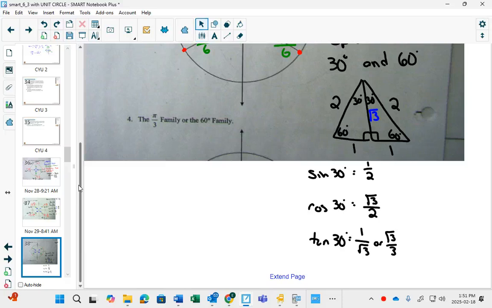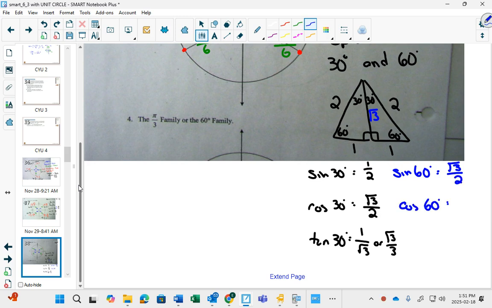And since it's also the special 60-degree one, I can figure out sine, cos, and tan for both 30 and 60 degrees, again, without a calculator.